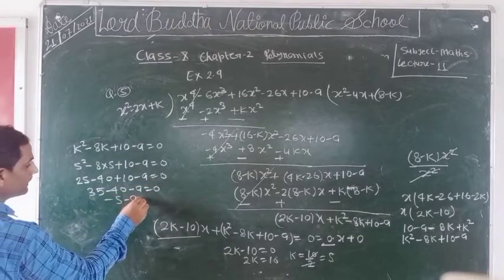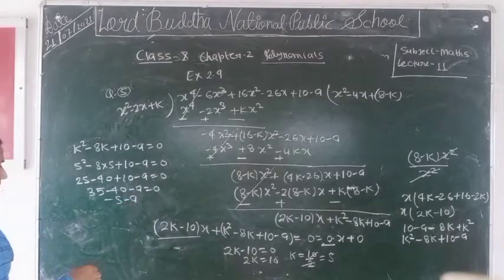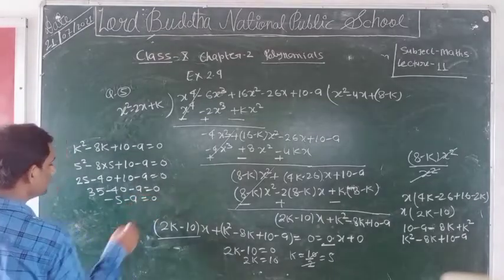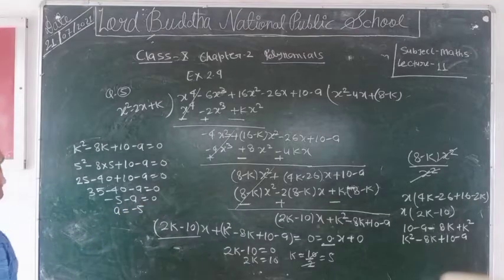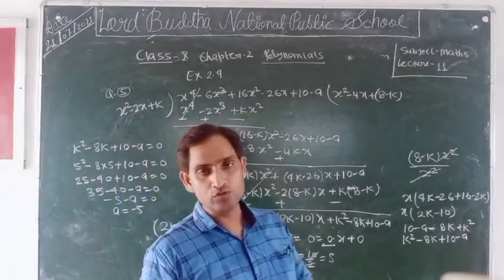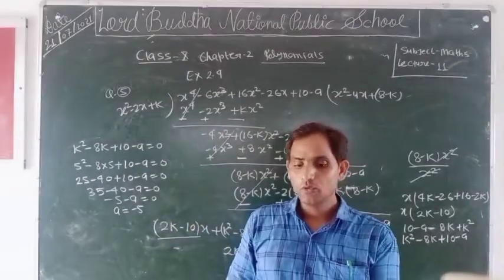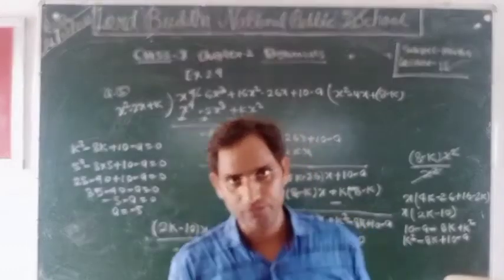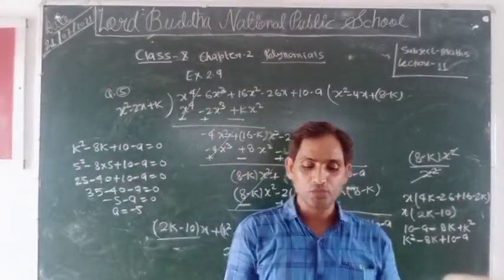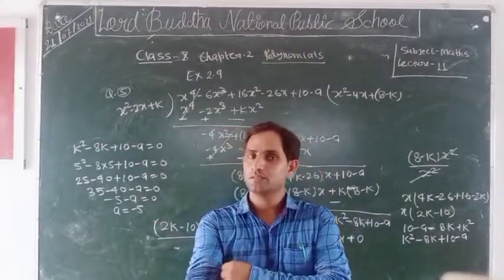Minus 5 minus a equal to 0. Now we see that a equal to minus 5. We find the values of k and a, which are 5 and minus 5. In this way, question number 5 is completed.